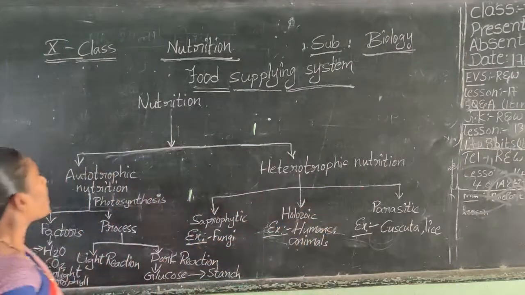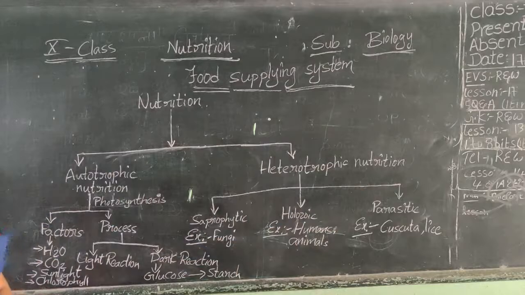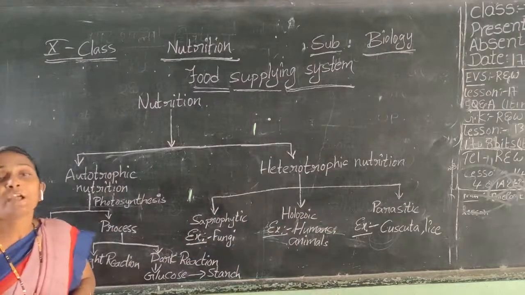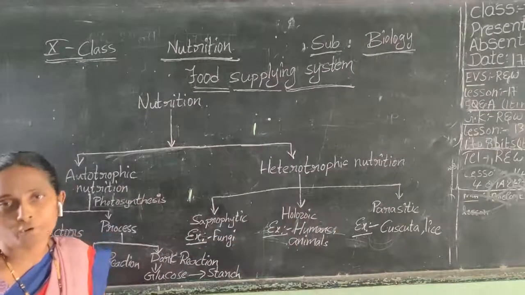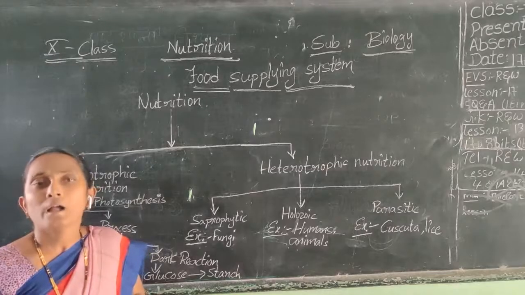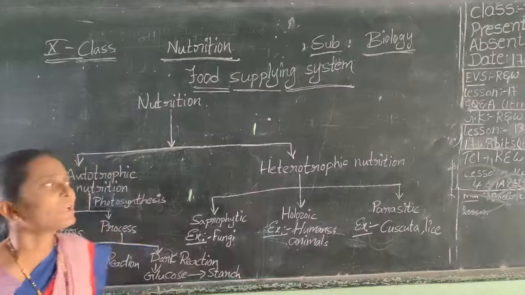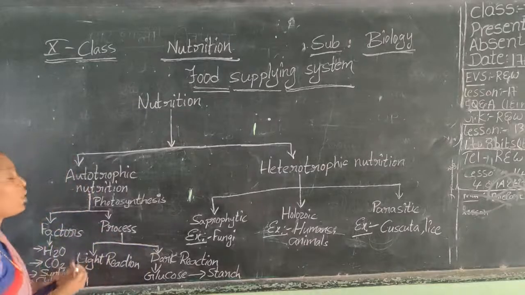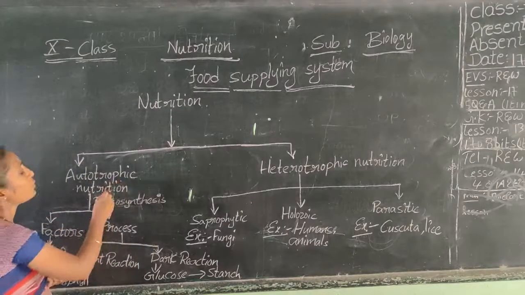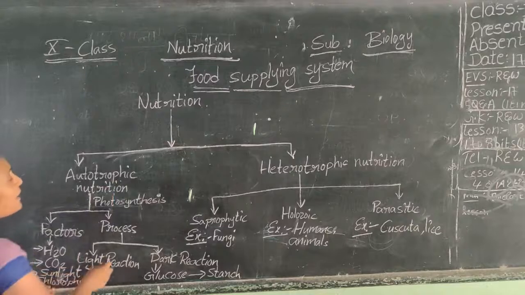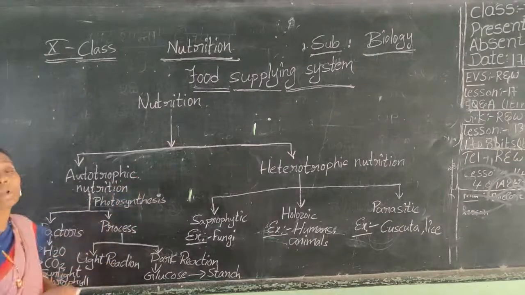Here autotrophism in the sense the organisms have the ability to prepare their own food without depending on others. That type of organisms, that type of nutrition we call autotrophic nutrition. So the plants only have the ability to prepare the food.